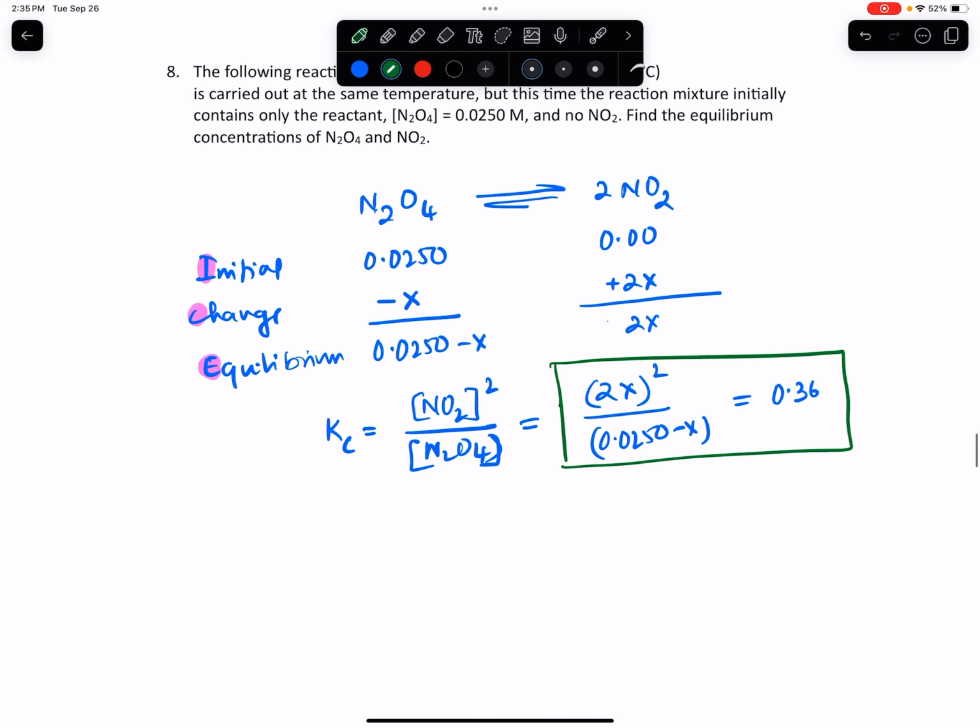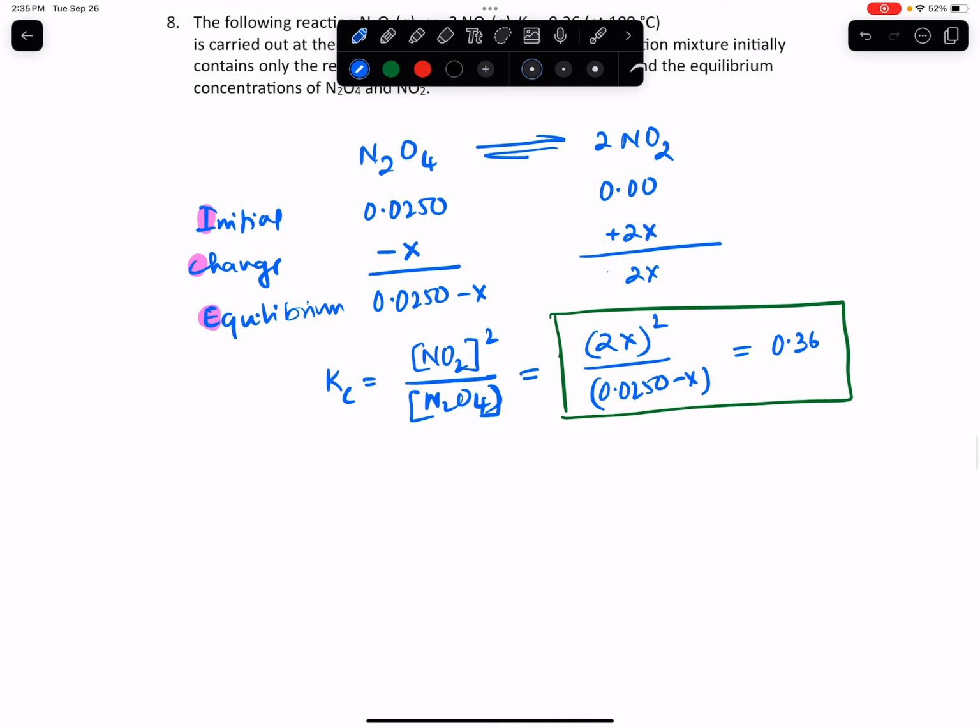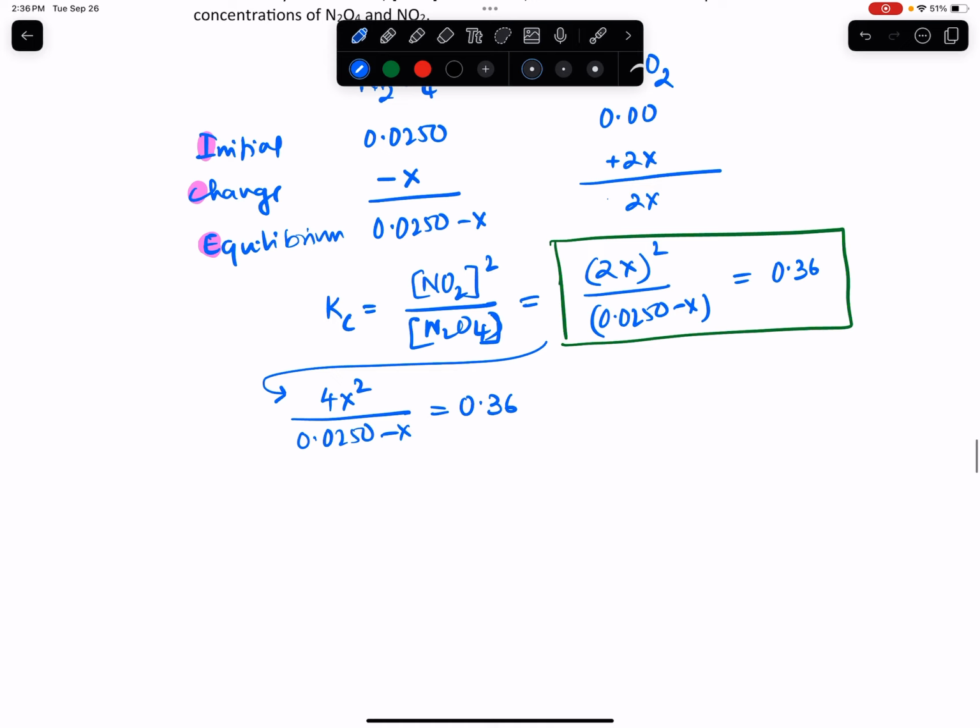So let's go ahead and solve this. This is essentially going to become a quadratic, but let's go ahead and simplify that. So I'm going to write that out here. That's going to be 4x squared over 0.0250 minus x is equal to 0.36. And then I'm going to multiply both sides by this quantity.